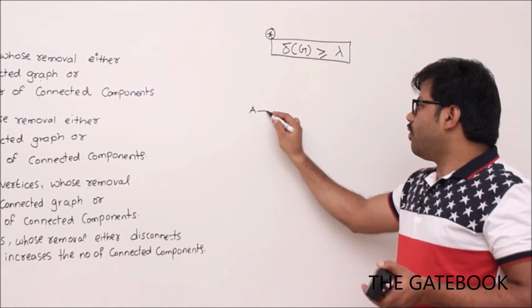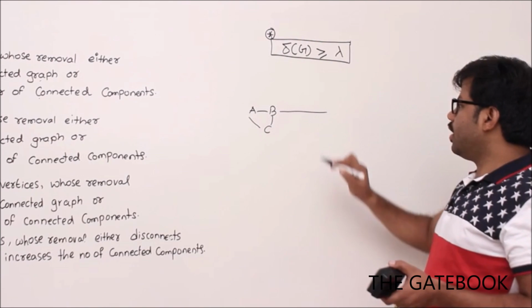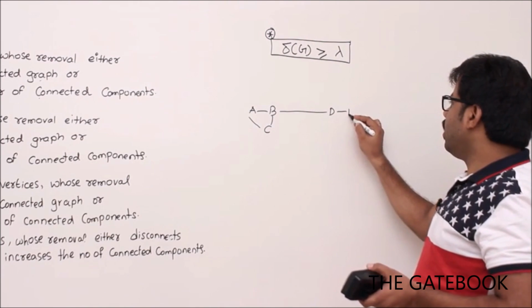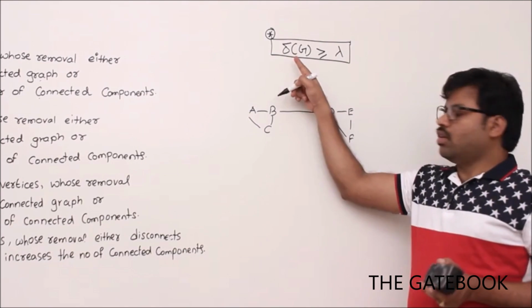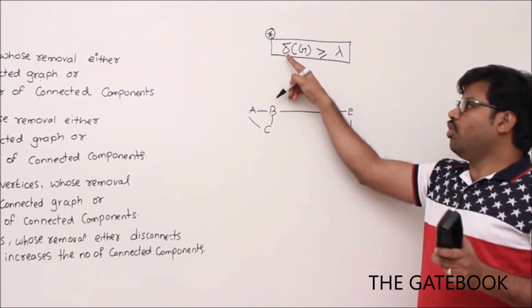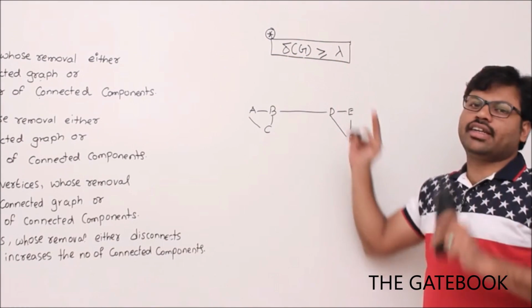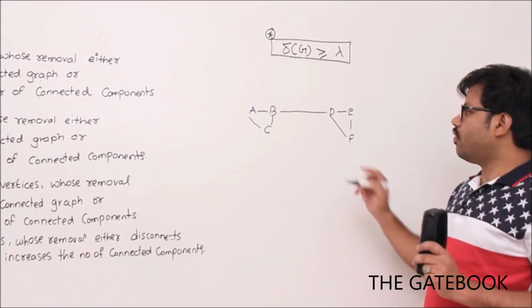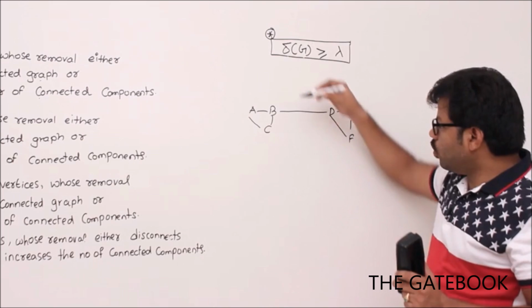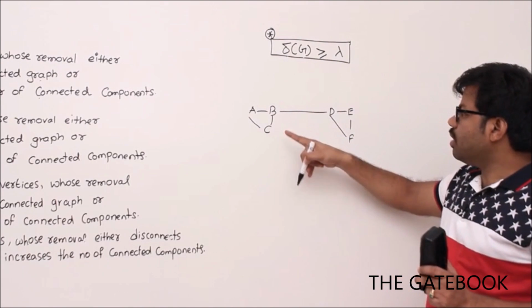For example, you have a graph like this, A, B, C. Let's connect it with a single line like this, then D, E, F. Okay. So it is sufficient to remove delta of G number of edges to disconnect the graph, but it is not necessary. In this graph, let me add one more edge here. So what is the minimum degree of this graph?